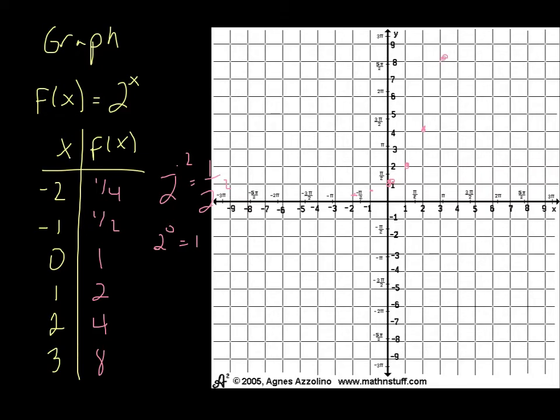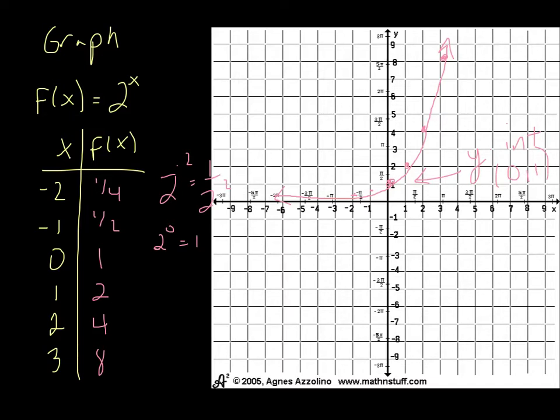Okay, so notice how quickly this graph is growing. And notice here we have our y-intercept at 0, 1, and that's going to be the case for any exponential function. They're all going to pass through that 0, 1.